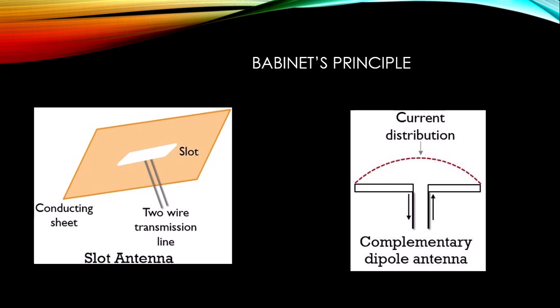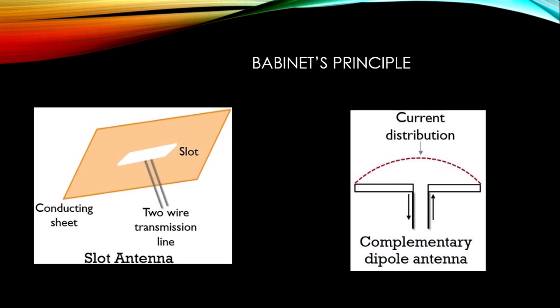Suppose we have a rectangular conductive sheet over which a horizontal slot is cut, having a length of λ/2 and a breadth extremely less than a wavelength, let it be w. This half wavelength slot resembles a half wave dipole according to radiation and gain.